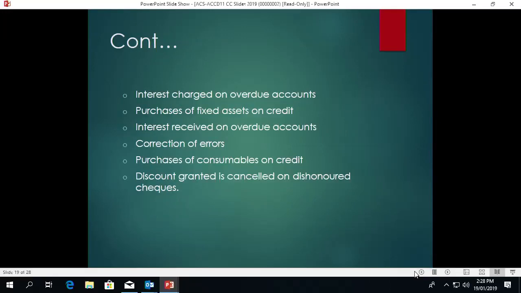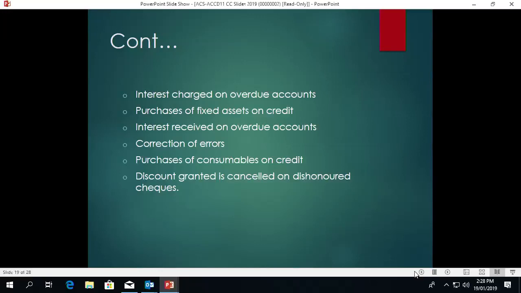It doesn't go in the other 6 books of first entry. If we purchase fixed assets on credit, interest received on overdue account, correction of error, purchase of consumable on credit, and then the discount granted is cancelled or dishonored.